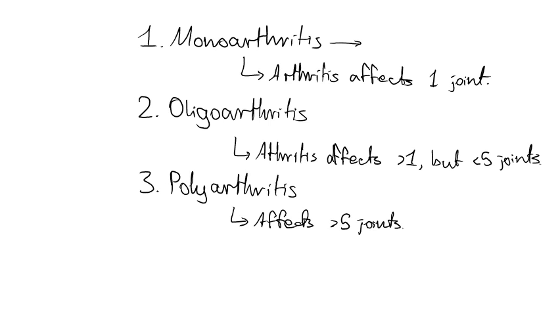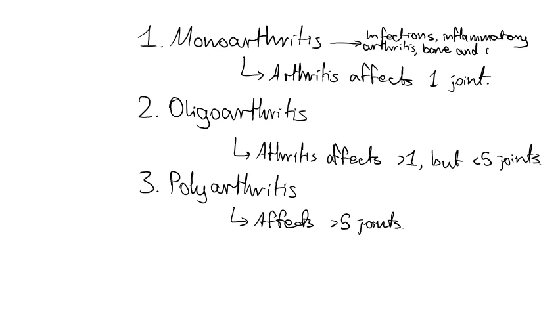Monoarthritis can be caused by infections, so think about conditions such as septic arthritis, inflammatory arthritic conditions, so inflammatory arthritis. This includes conditions such as juvenile idiopathic arthritis, certain bone and cartilage disorders.